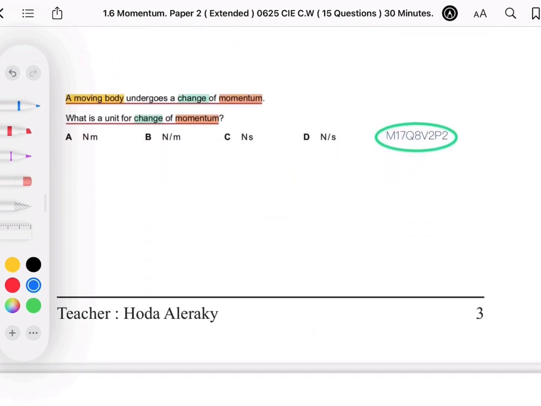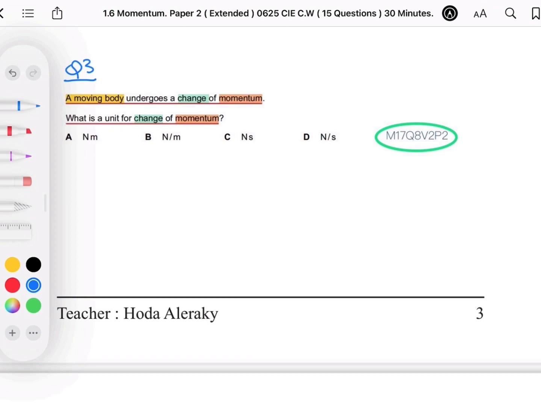Question 3. We have here a moving body that undergoes a change of momentum. So guys, take care whether you have change in momentum or you have momentum. But here we don't have any calculations, just the unit for change of momentum. The unit for measuring momentum and change of momentum is the same.